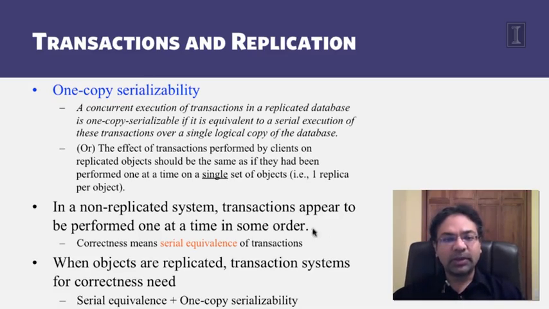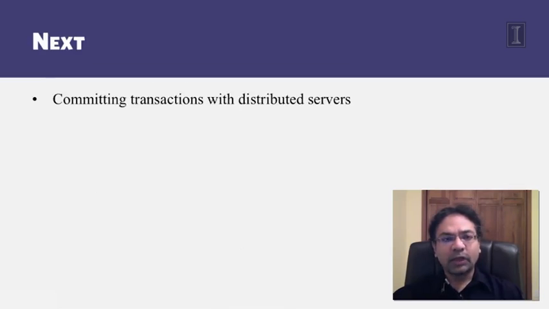So this essentially means serial equivalence of the transactions. We want to have both serial equivalence and one-copy serializability, and one-copy serializability appears to capture the serial equivalence notion as well. After this, we'll discuss how you commit transactions when you have distributed servers on the server side.